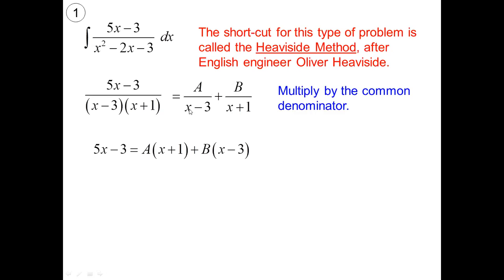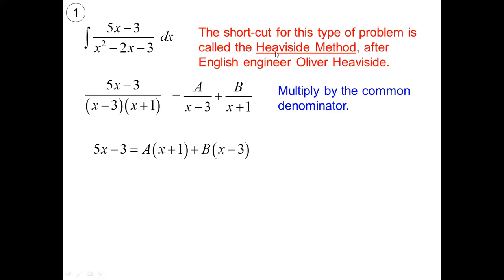So if I think of 3 here, this b will be eliminated because my b will be multiplied to 0. That will help me solve right away for a. If I think of negative 1, a here will be multiplied to 0, then this particular term will be 0. That would then lead me to determining the b. That's what we do in Heaviside.